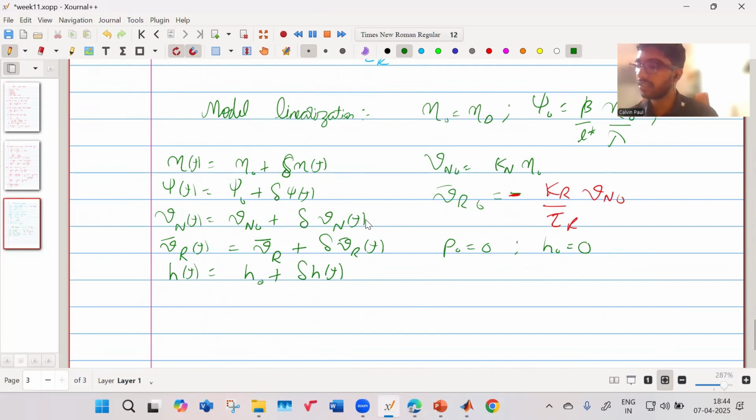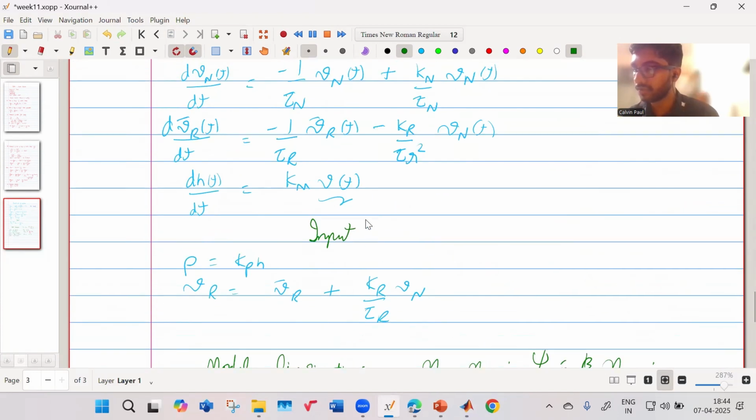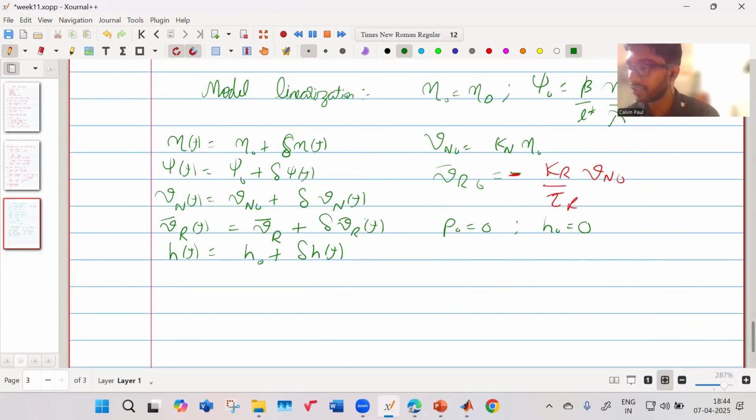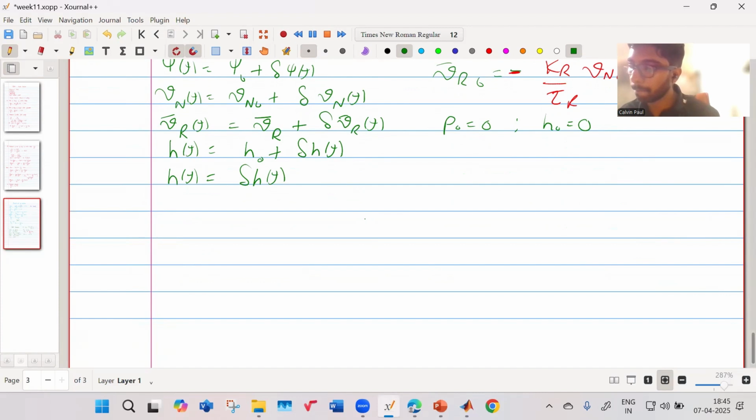So these are what we substitute. And this h naught is 0, so h of t is equal to delta h of t, right? So what do we get is the first set of equations. Let us consider the equations.